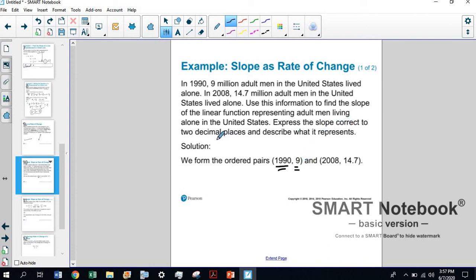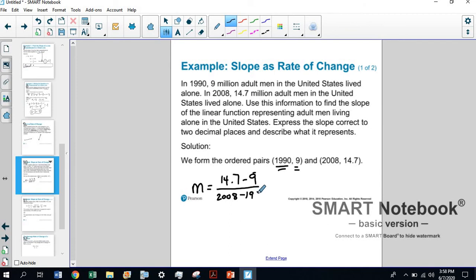Express the slope to represent the rate of change of men per year. And so we've got these two numbers, and we're going to plug into the formula: m equals change in y over change in x.